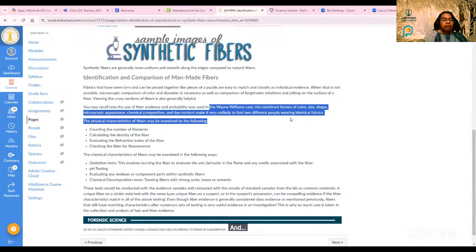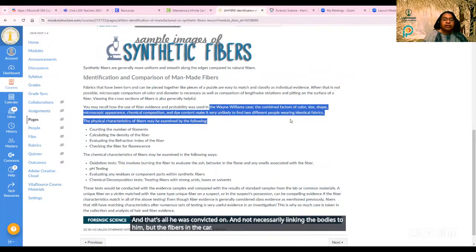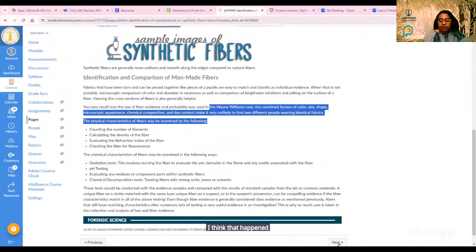They got him on fibers that were found in the car, and that's all he was convicted on, not necessarily linking the bodies to him, but the fibers in the car. That's a case that I might pull up later just for you to read, but for most of you all, that was before your time. I think that happened when I first moved to Atlanta.